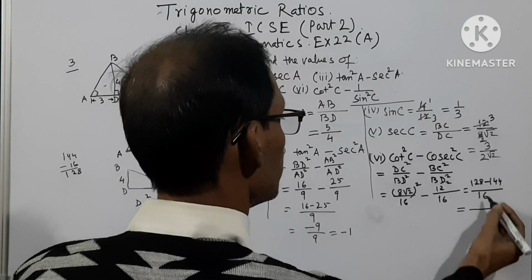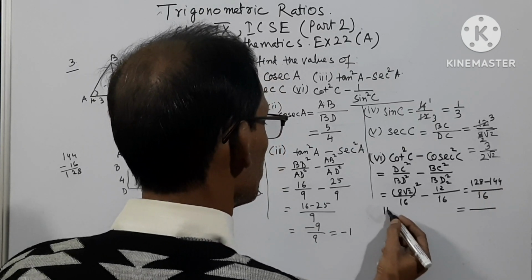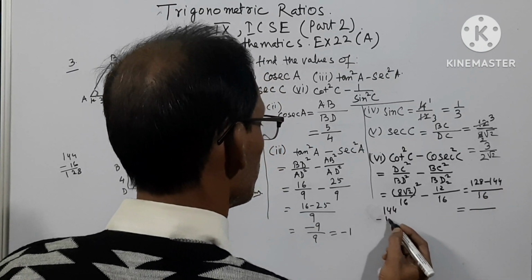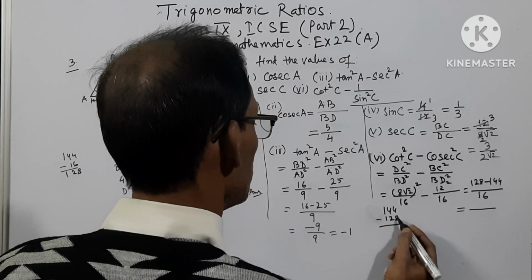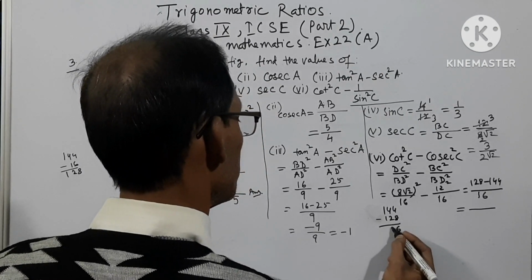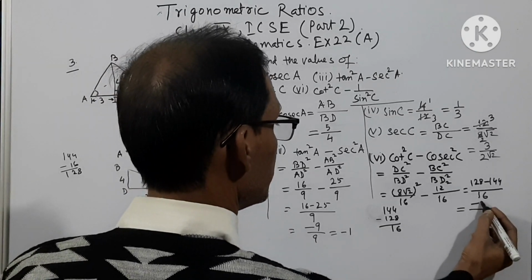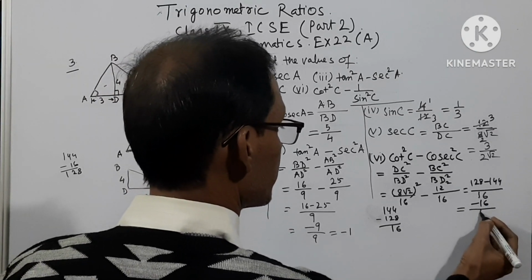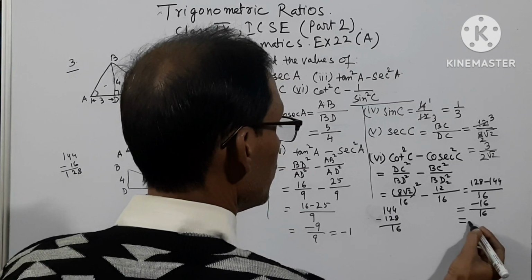It will come in minus 144 minus 128, 16 minus 16 by 16 equal to minus 1.